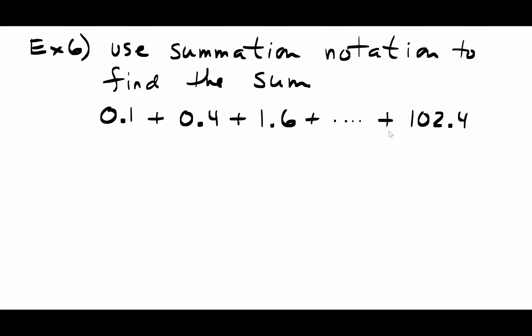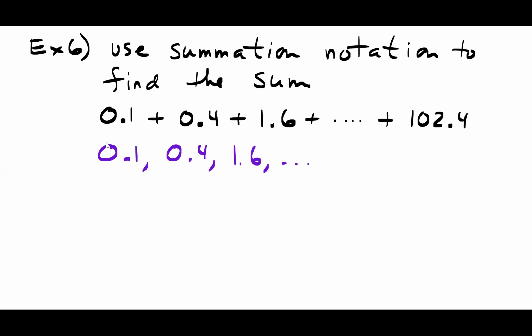All right, and so let's see. Here's what I got here. Instead of thinking about it as a sum, what we've been working on is think about it as a sequence. So this is really 0.1, 0.4, 1.6, and so on and so forth, all the way up to that 102.4. But what we really want is a ratio out of this.